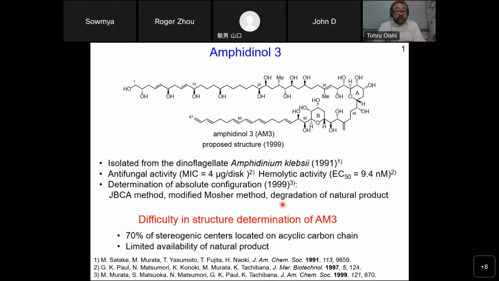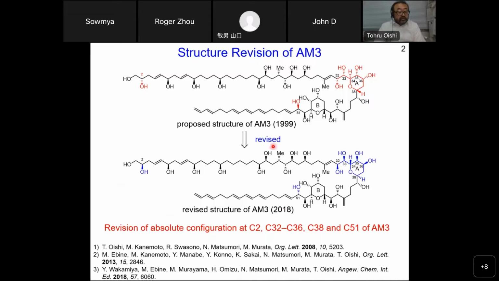However, the originally proposed structure was revised at C2, C32, C36, C38 and C51 by our study of AM3.